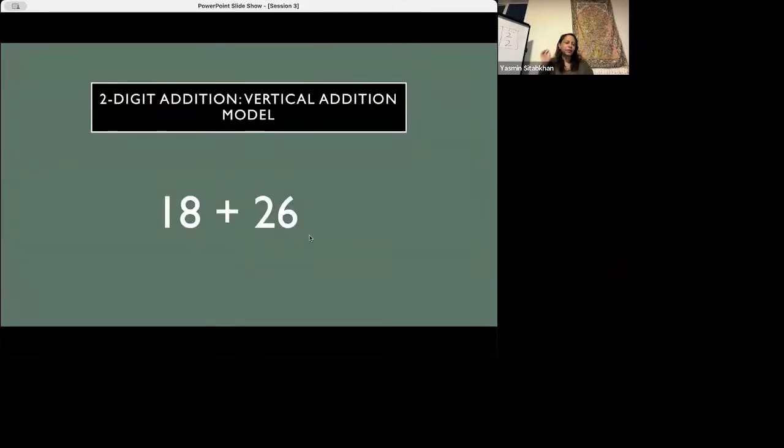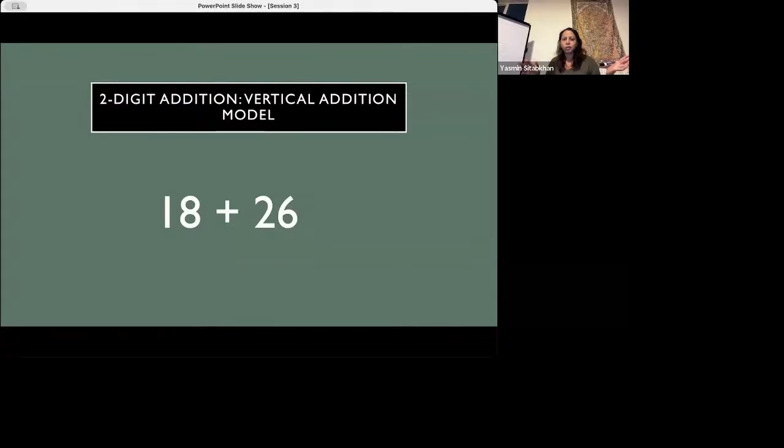So now let's move into a problem like this, which is obviously a little bit more complex, right? 18 plus 26. What I'm going to do is I'm going to do two models for you.